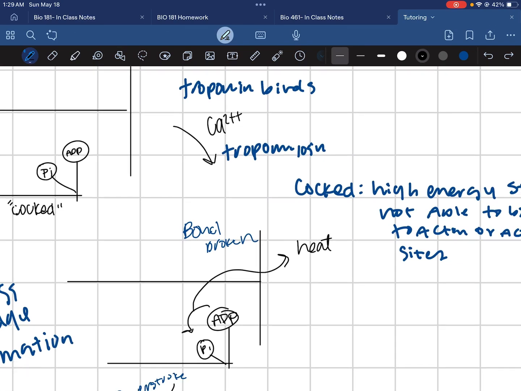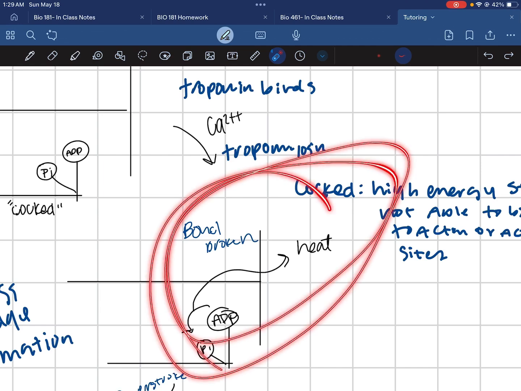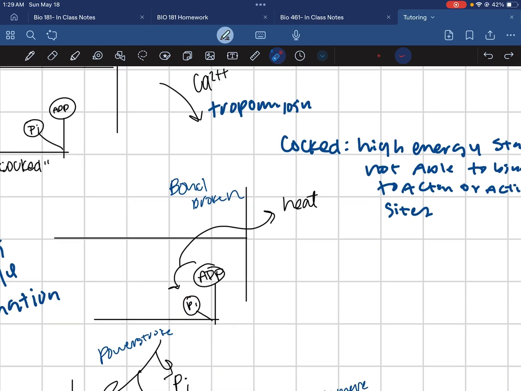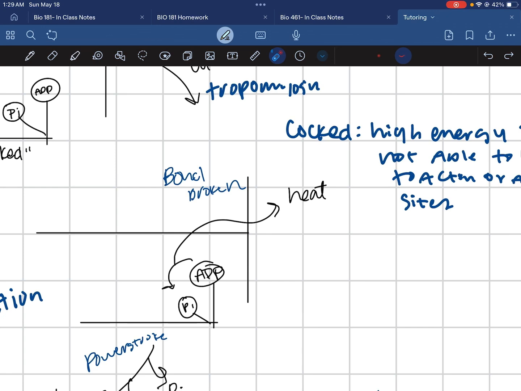So troponin binds to calcium, and that moves tropomyosin off actin active sites, and then myosin binds to actin, and then that initiates a bond that releases energy. This is when the bond is broken and it releases energy in the form of heat, or I guess it escapes as heat.